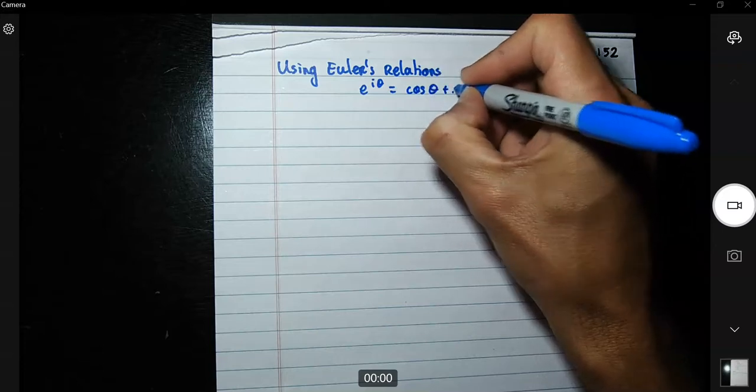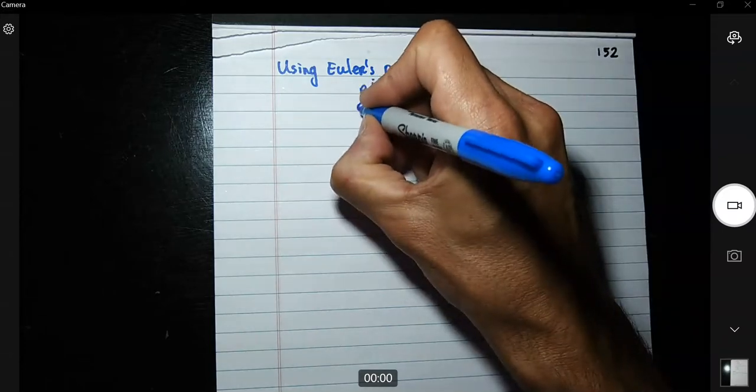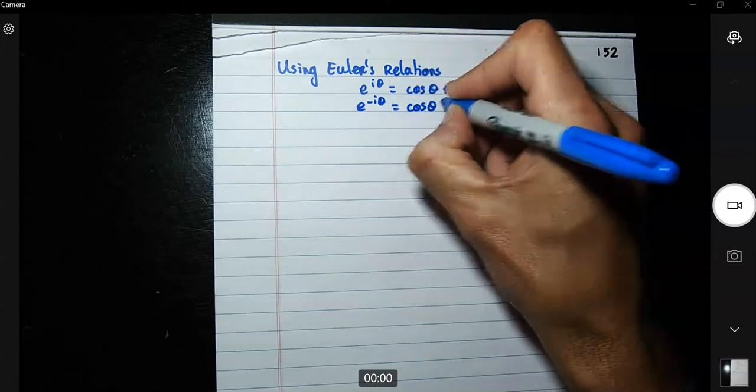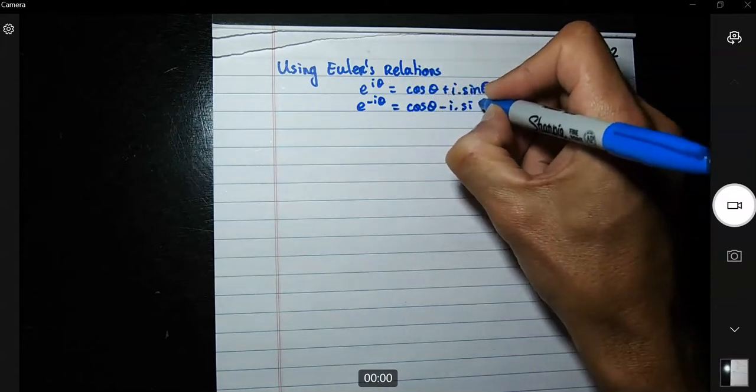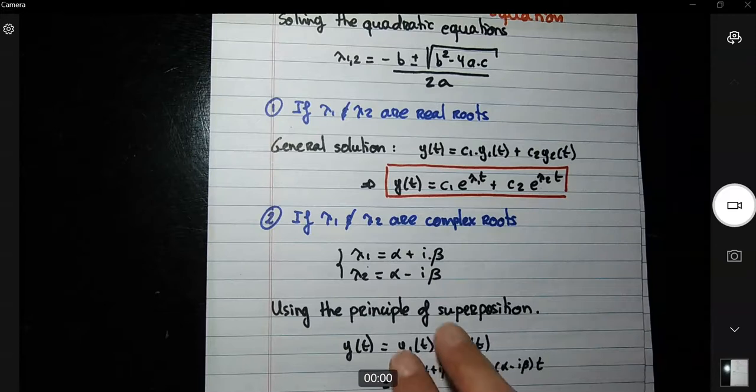Cos theta plus I sine theta, and e to the minus I theta equal to cos theta minus I sine theta.